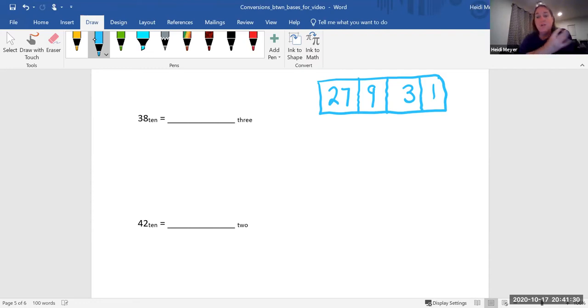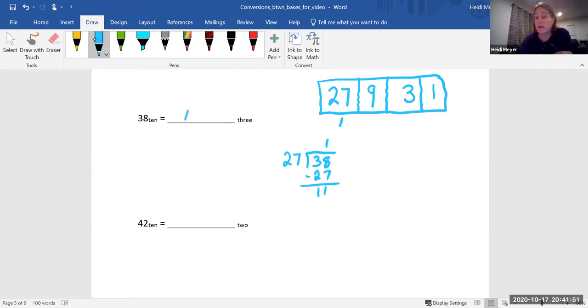So I want to take a 38, our familiar number 38 in base 10, and figure out how that would be written in base 3. So we say, well, how many groups of 27 fit into 38? And that's going to go in 1 time. And it's going to leave a remainder of 11. So this is 1.